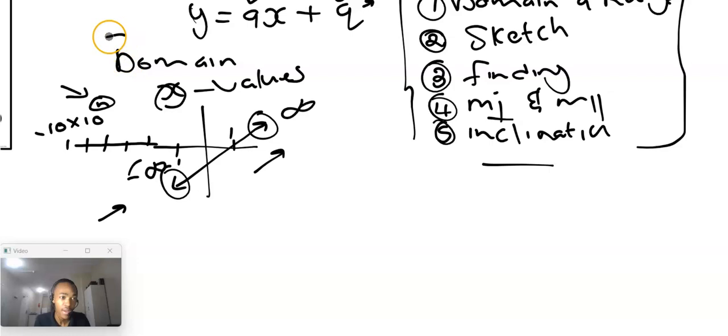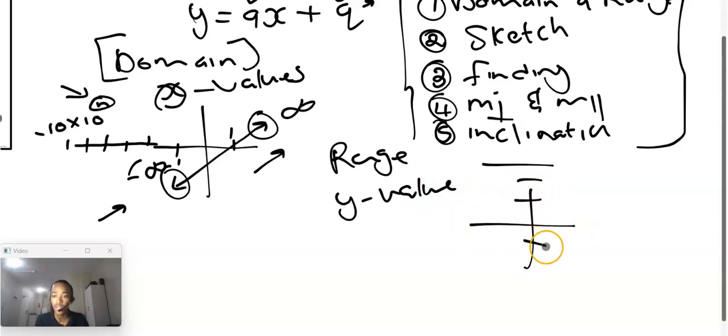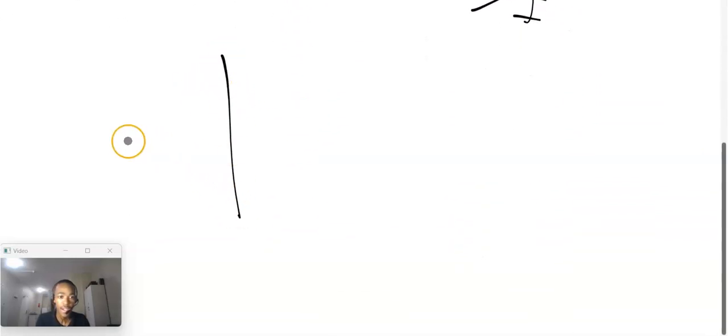So that is what we mean by domain, right? x values that satisfy the function in that case, right? And then the range is basically the y values that satisfy the graph, right?